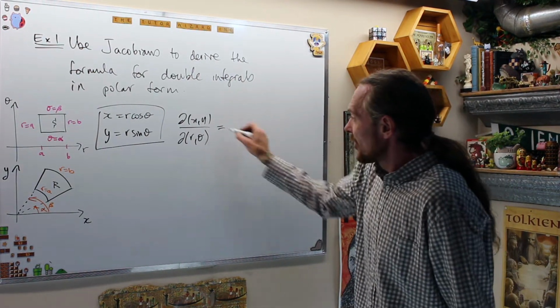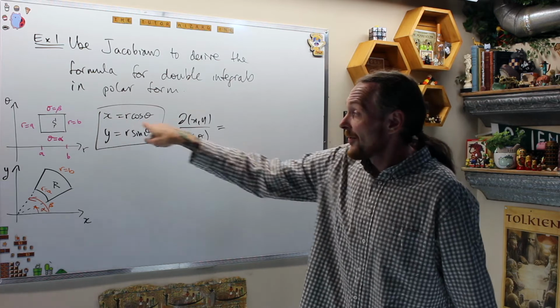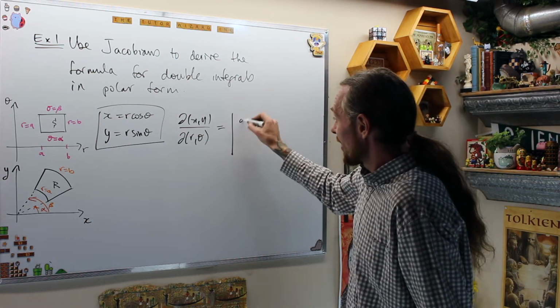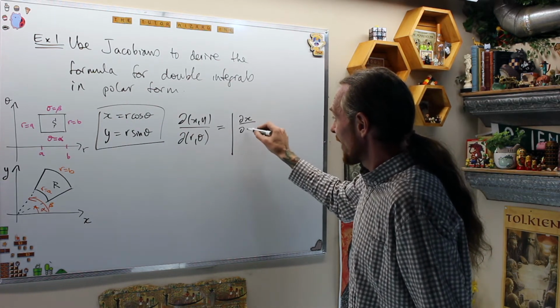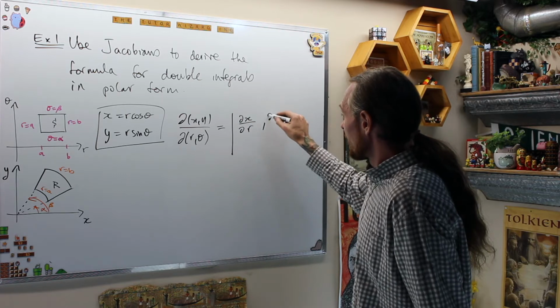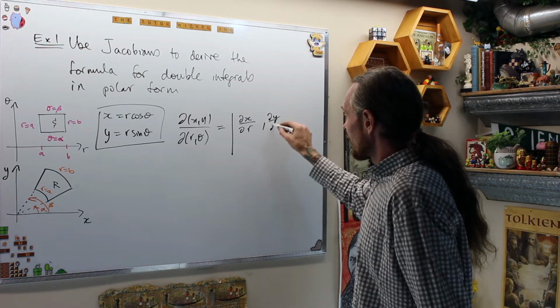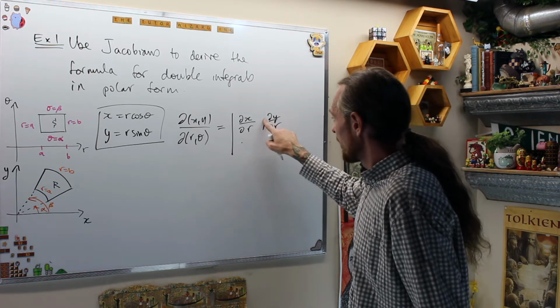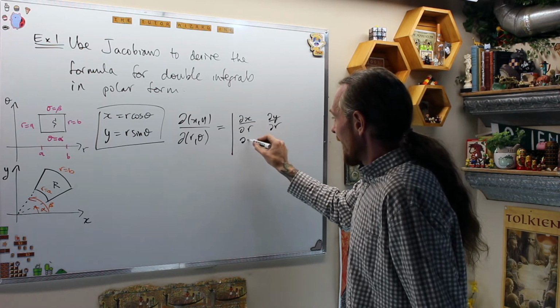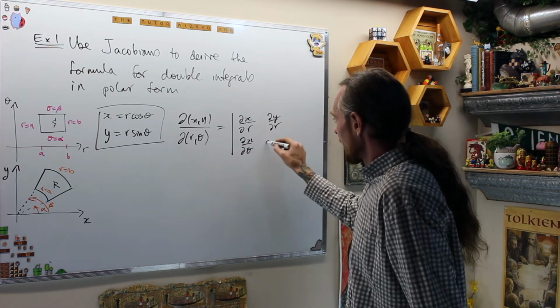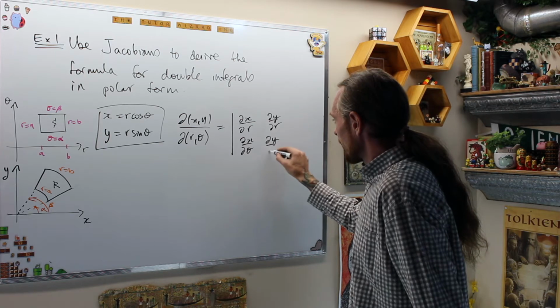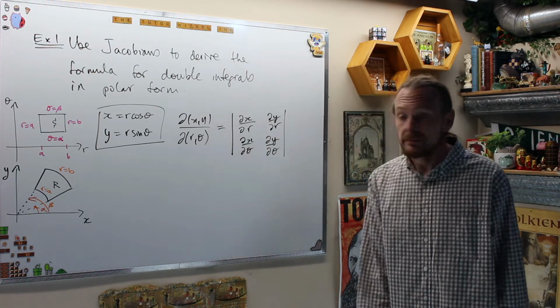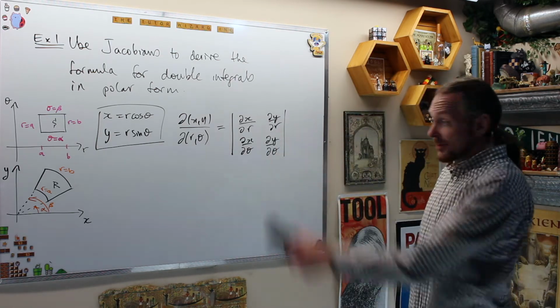This is equal to, now these are our functions of r and theta, so that's going to be the determinant of the derivative of x with respect to r and the derivative of y with respect to r, and the derivative of x with respect to theta and the derivative of y with respect to theta. But now we have those functions specifically.